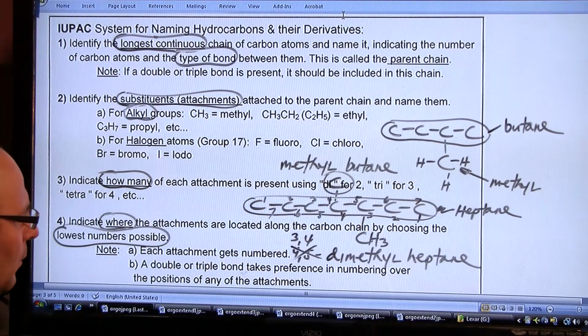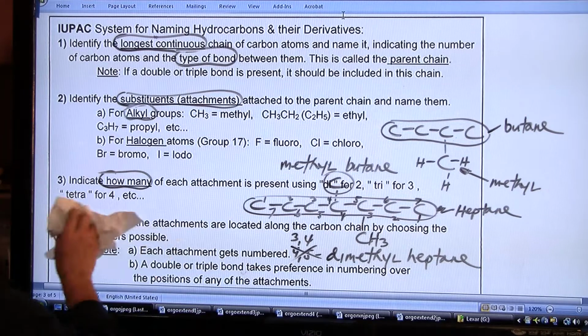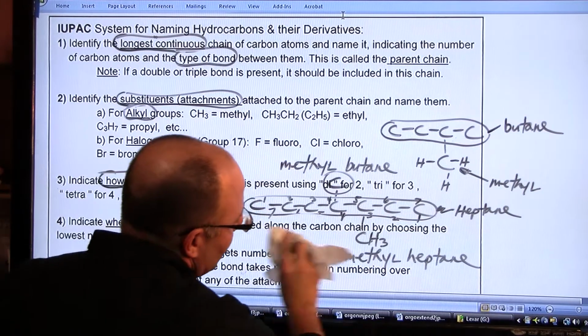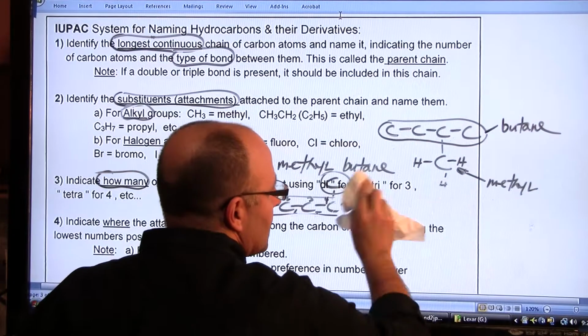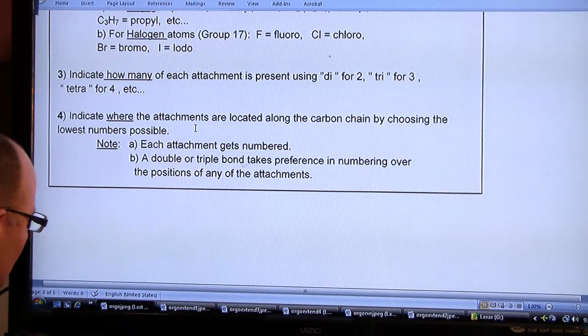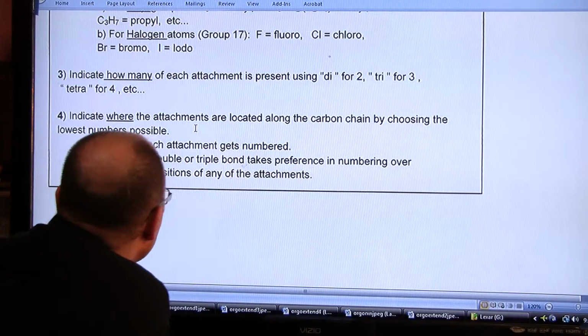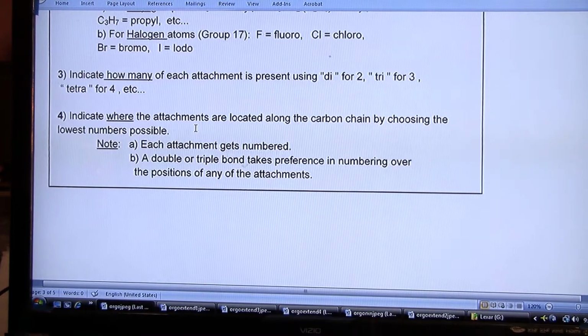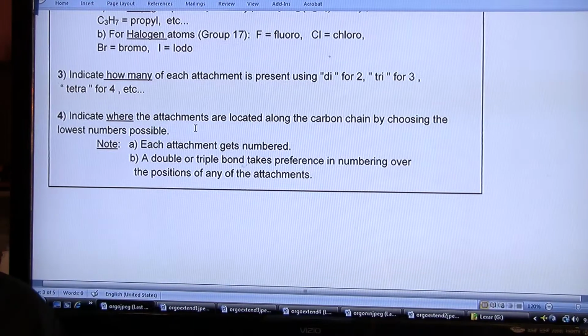And the last point I want to bring in is about this preference. So let me add a space here. I do have some space at the bottom, so let's do that. So the last of the rules here in naming hydrocarbons and their derivatives, let me illustrate with this.